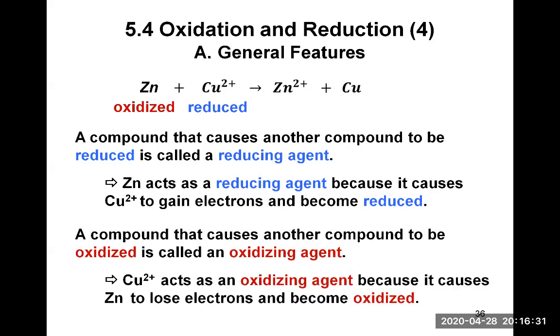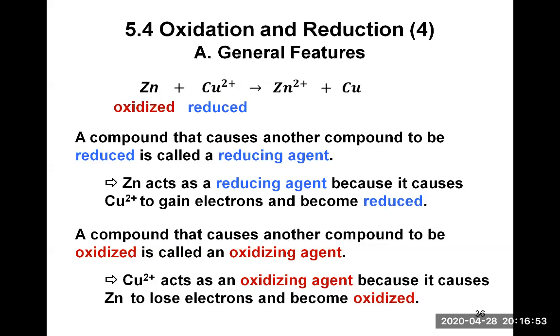And a compound that causes another compound to be oxidized is called an oxidizing agent. In the example above, copper 2+ acts as the oxidizing agent because it causes zinc to lose electrons and become oxidized. So copper here is reduced.